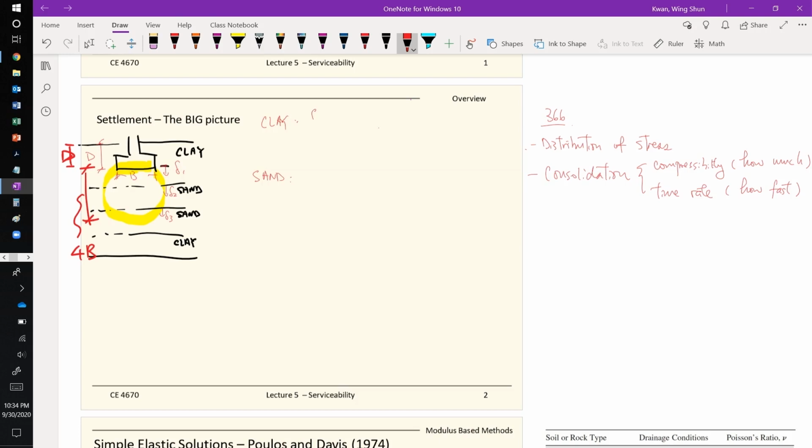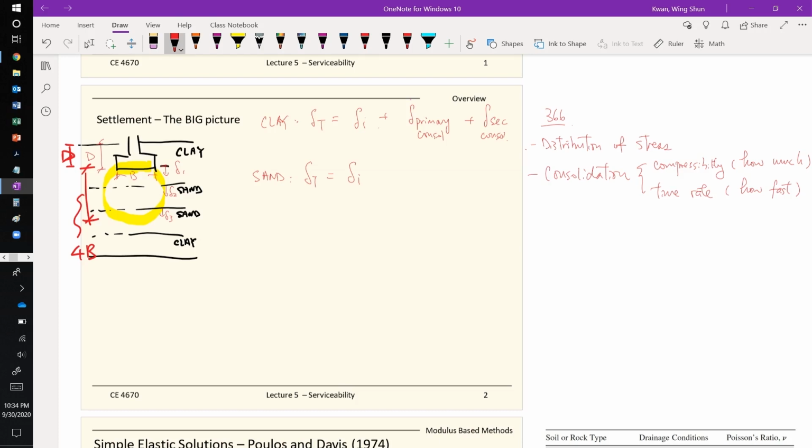For the clay soils, remember in 366, we also started talking about this. The total settlement has three components: the immediate settlement, the primary consolidation, and the secondary consolidation. Compared with clay, for sand soils the most significant source of deformation comes from the immediate settlement.